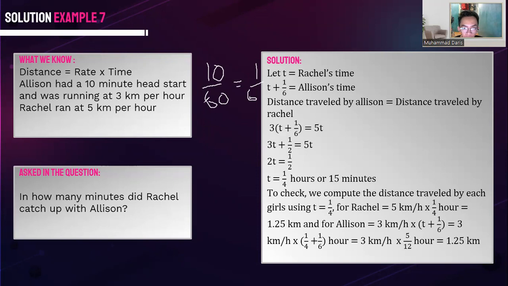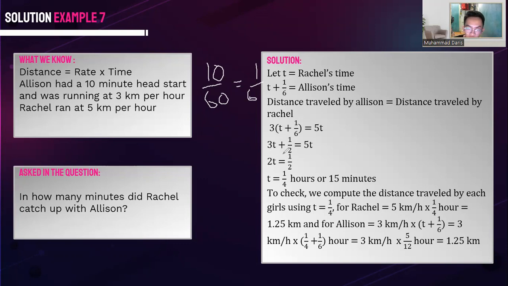3 kilometers per hour times (T plus 1/6) is equal to 5T. And then we multiply: 3T plus 1/2 is equal to 5T. And we can simplify like this.